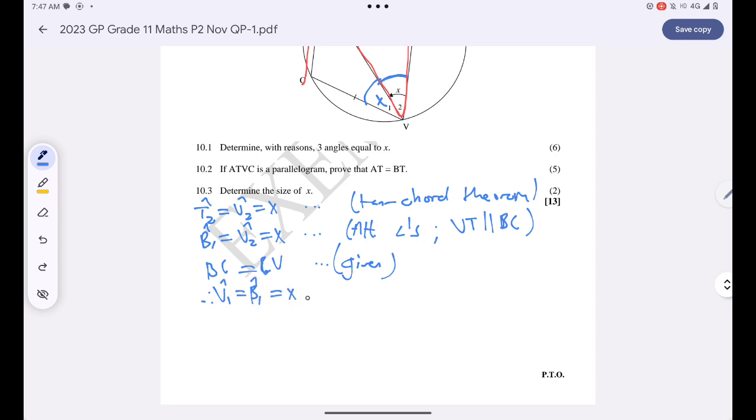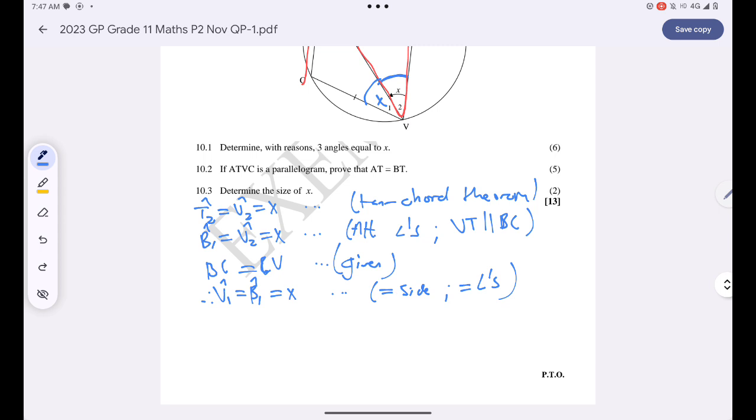That means angle V1 is also equal to X. Why? Because we have equal sides, which results in equal angles.